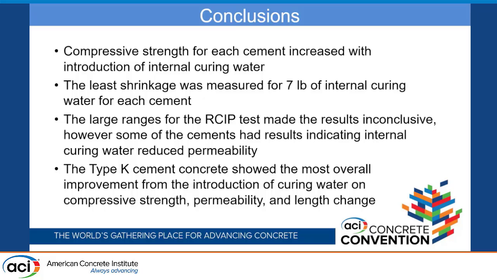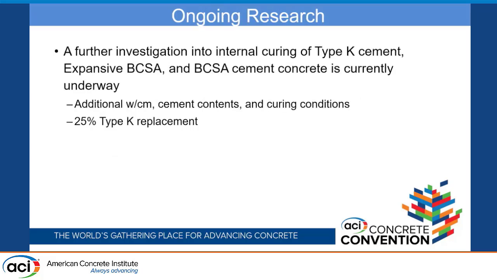Okay, so that's what we have done. Where we're at now is looking at a further investigation into internal curing of type K cement concrete, a new cement that didn't exist at the time of this preliminary study that's an expansive BCSA cement, as well as a typical BCSA cement.